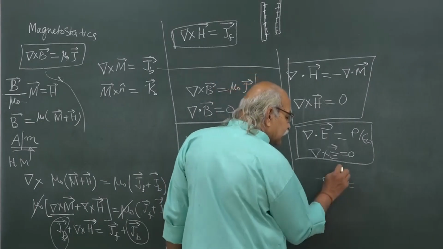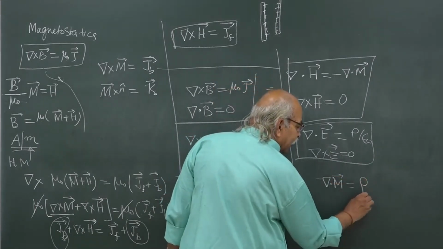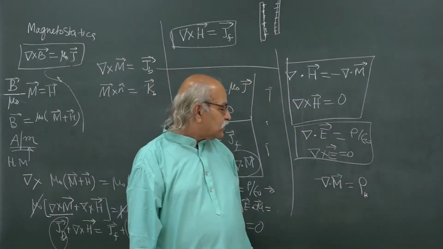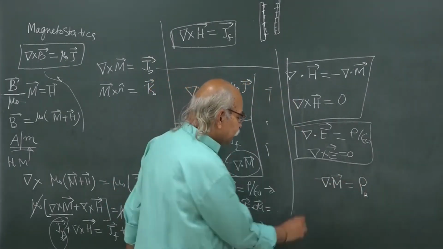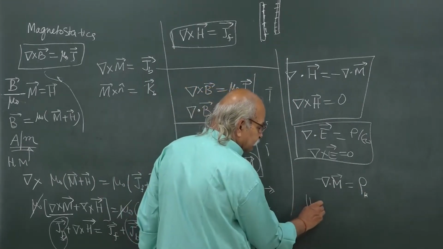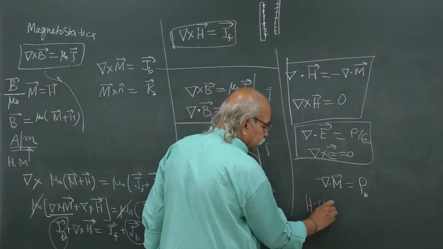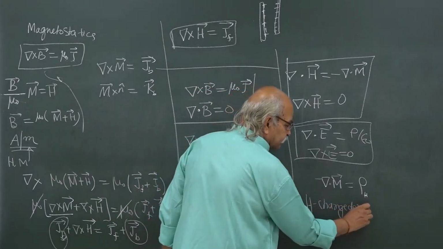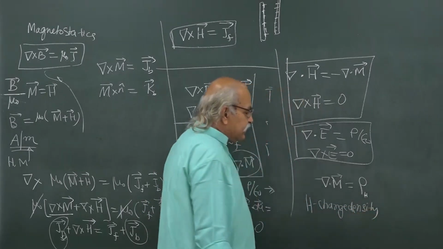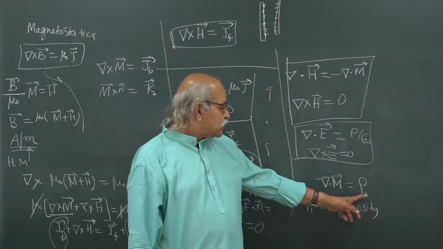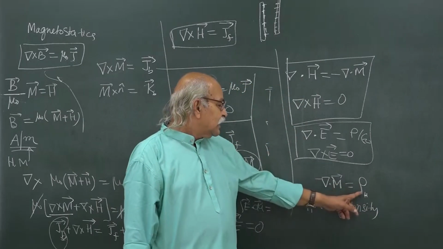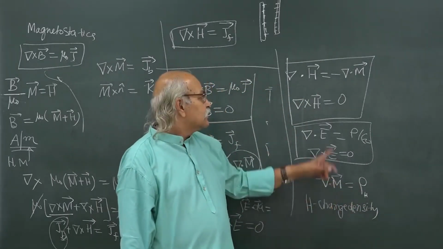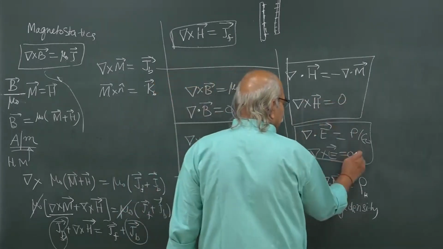Let us write the negative divergence of M as rho_H. We are writing a totally different quantity, rho_H, and we will call it H charge density. If I define this rho_H by this equation, rho_H is the negative divergence of the magnetization vector, then it is even more similar.